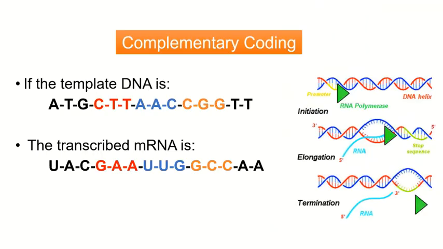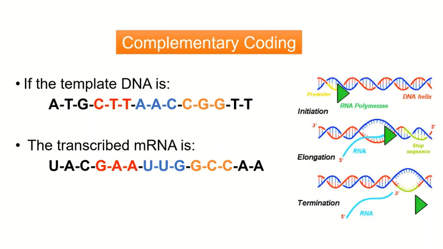The binding between the newly forming mRNA and the DNA uses complementary coding, where if the template DNA is ATG, CTT, AAC, CGG, and TT, the transcribed mRNA must be UAC, GAA, UUG, GCC, and AA.